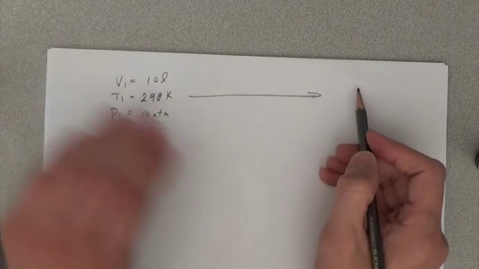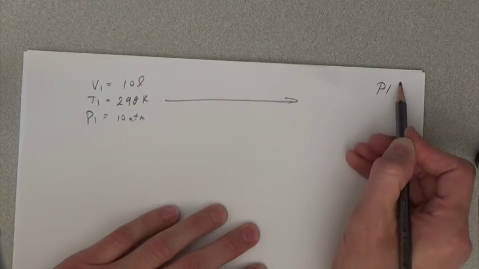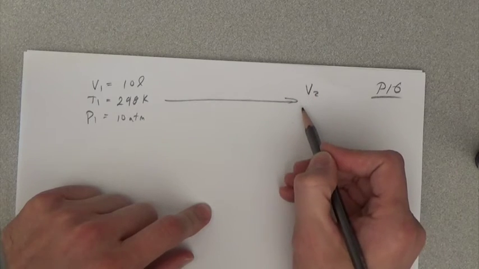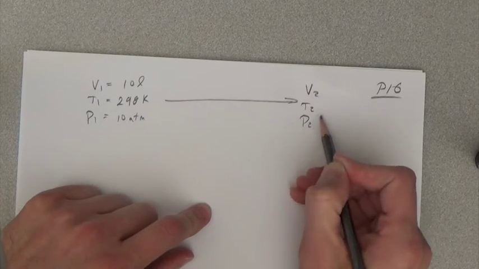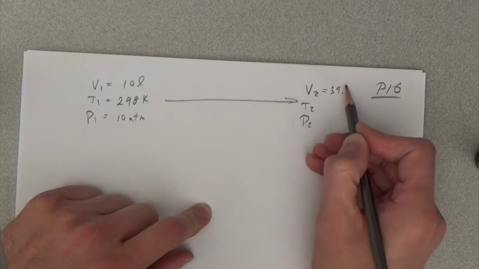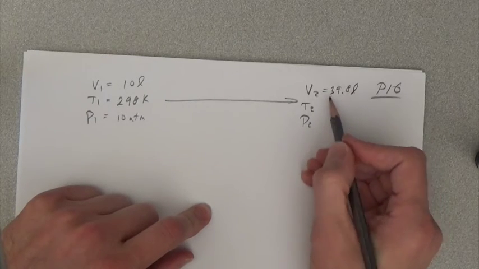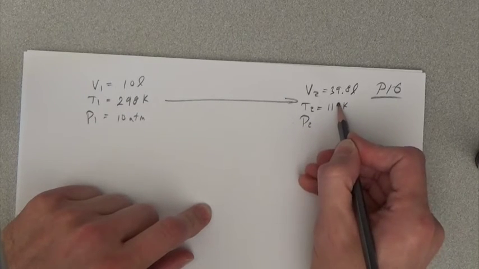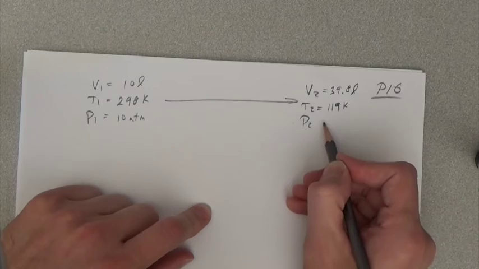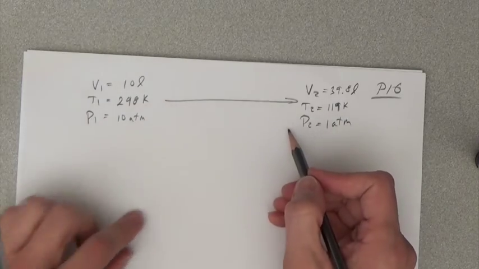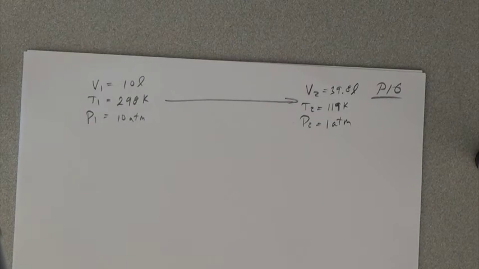And we're going to have this transition to state 2, which is 39.8 liter, 119 K, and 1 atmosphere, which was the output of that adiabatic calculation.